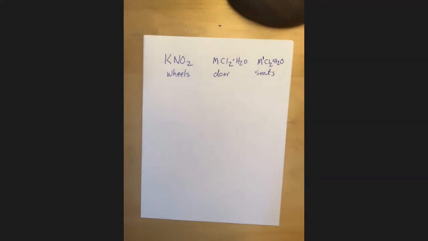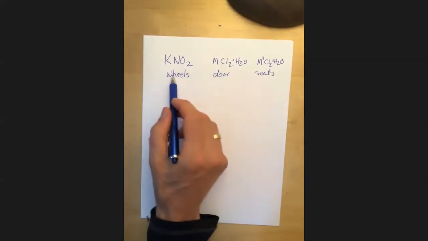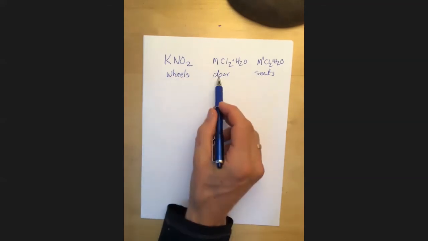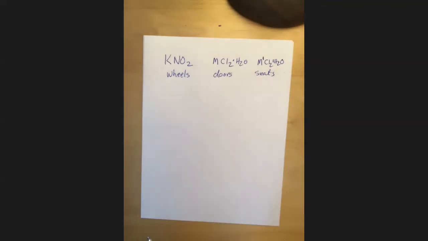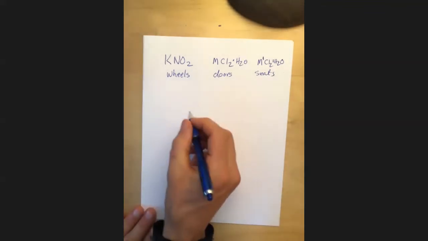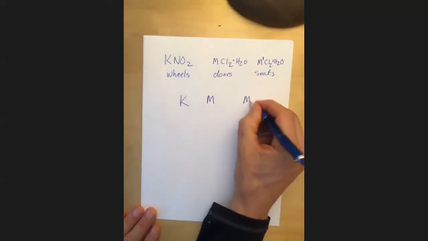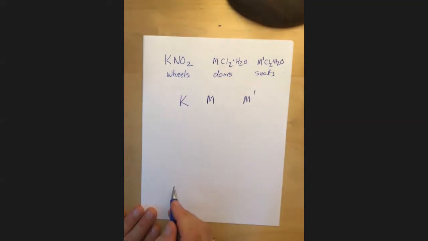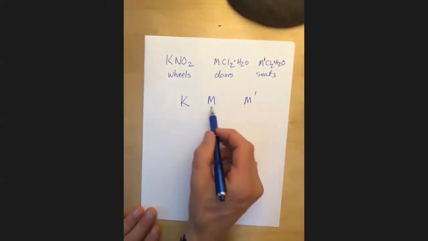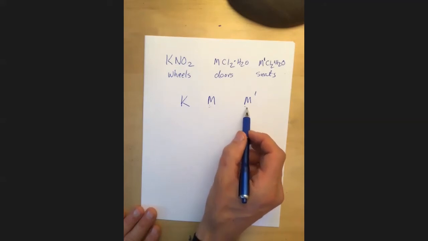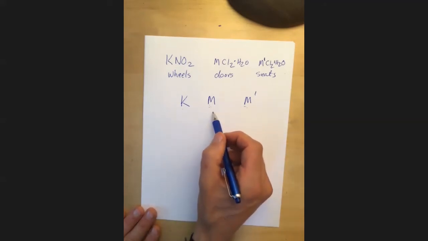And in this lab, I think everybody gets the same number of wheels, but they get a different number of doors and a different number of seats. And that forces the reaction, when they all combine together, to make a different ratio of K to M to this other M. And based on the ratio of these 2 metals in this compound that has potassium, you're going to get different properties.